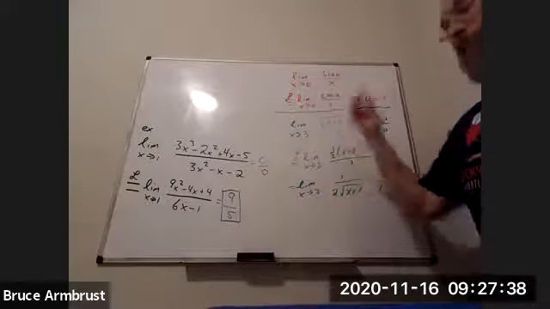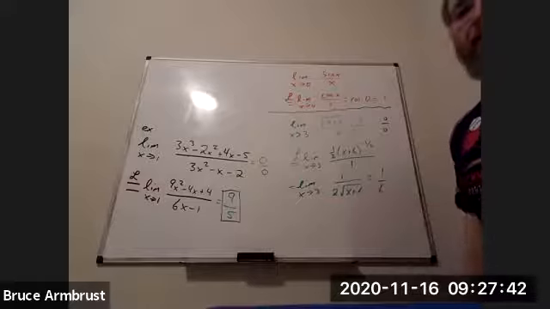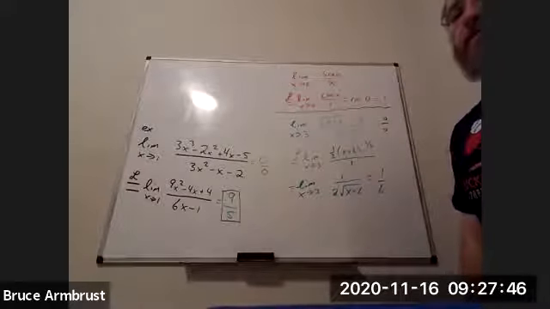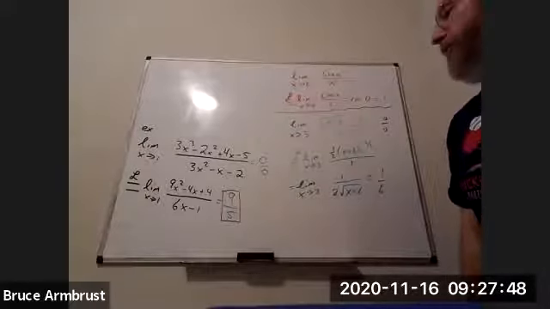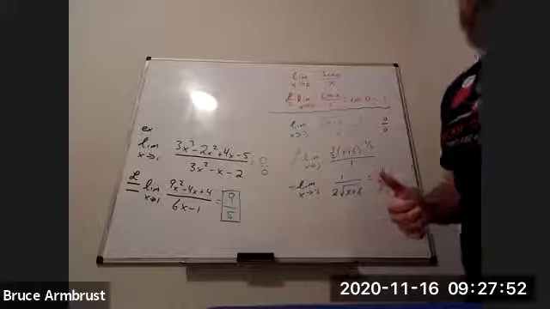Go back, do this one the long way. Rationalize it. I promise you, you'll get 1/6. It's just going to take you like 5 times as long. All right, so are you convinced that L'Hopital's rule is something that we want?